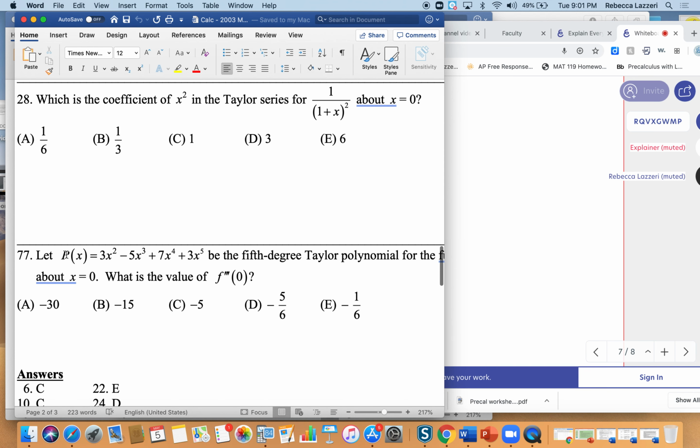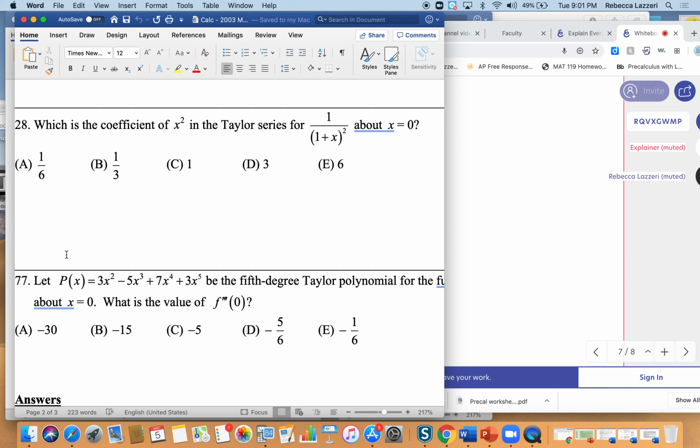All right, so on 77, you have a polynomial that's written, a Taylor polynomial: 3x squared minus 5x cubed plus 7x to the 4th plus 3x to the 5th is a 5th degree Taylor polynomial about x equals 0.